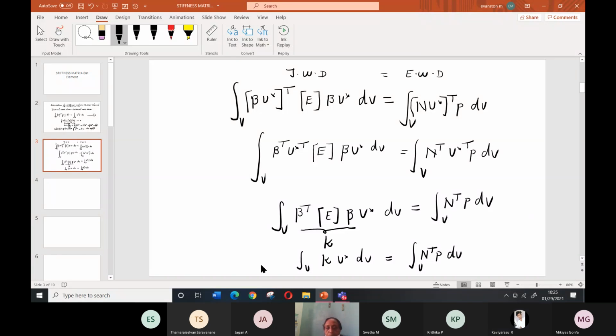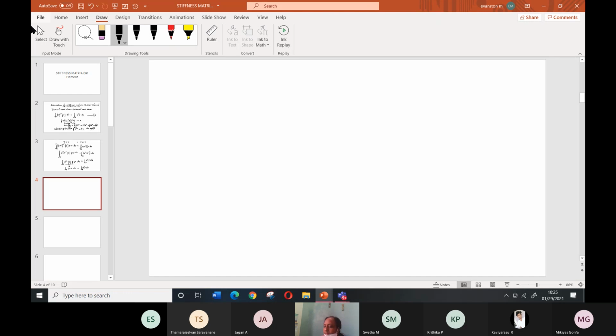Okay. So K is nothing but B transpose E into B. This E we call the constitutive matrix. E is the constitutive matrix. Beta is nothing but the N dash.